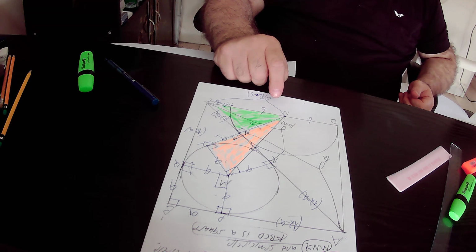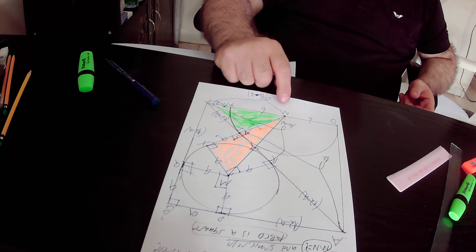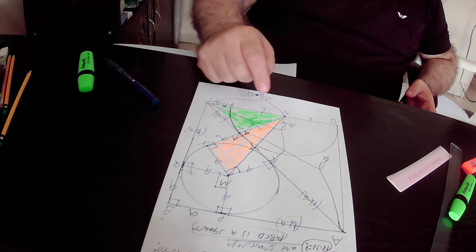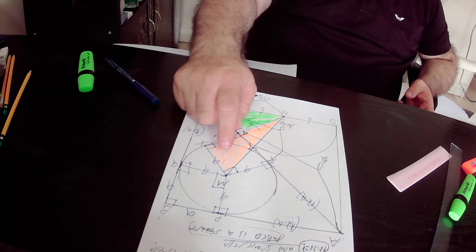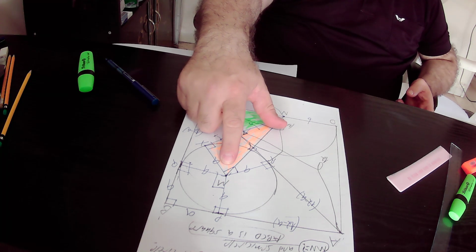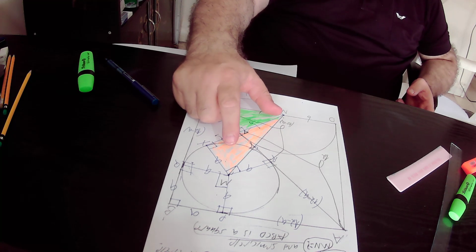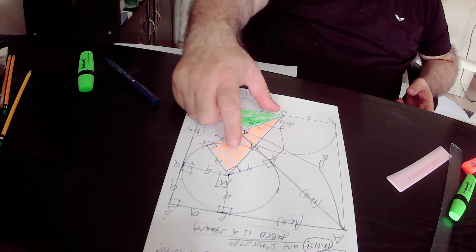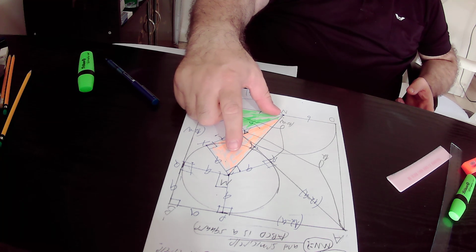Inside this square we have a semicircle whose center is point M, and we also have a circle whose center is point N. The distance between the centers is MN, and we want to find out the length of MN, which is the distance between the centers of the semicircle and the circle itself.